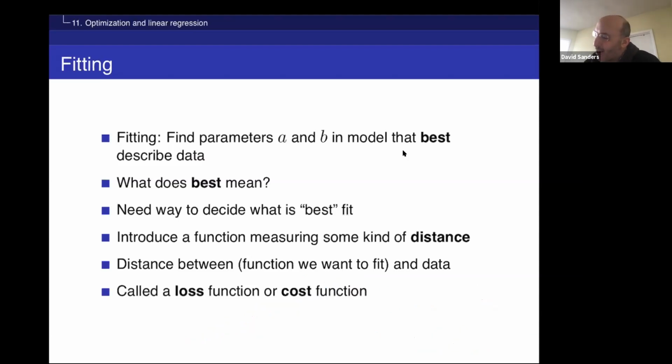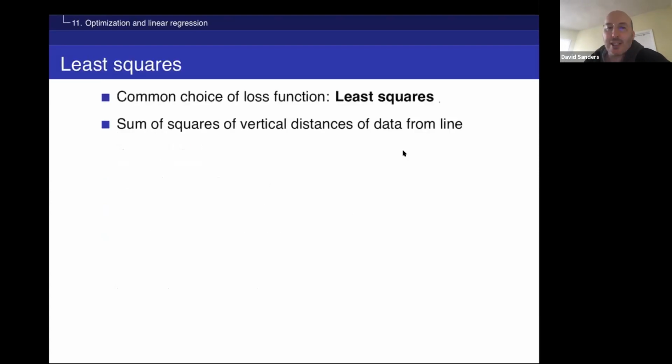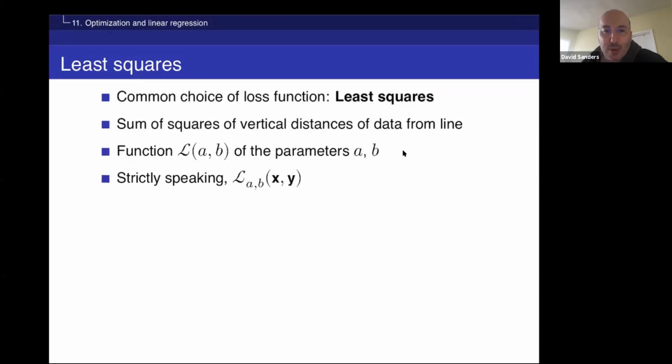The result of doing all of that is called a loss function or a cost function. This is the function that measures how far I am away from the data. This is a common choice of loss function, called least squares, but there are lots of others. As I said, it's the sum of the squares of the vertical distances.